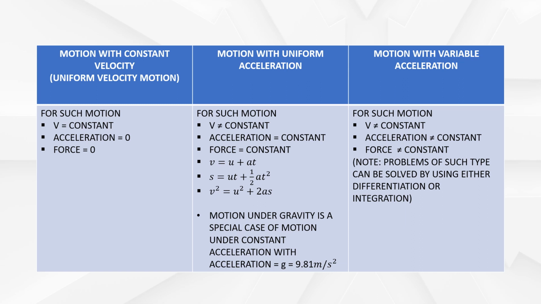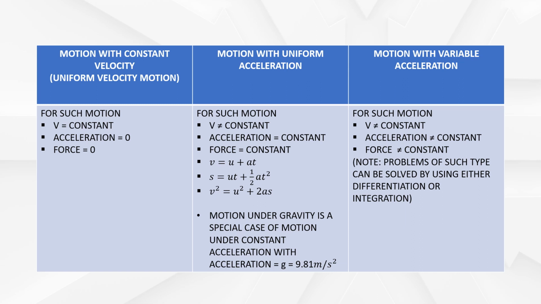Now motion under gravity can be considered as a special case of motion under constant acceleration, in which the constant acceleration is called gravitational acceleration, and its value is given as 9.81 meters per second square.